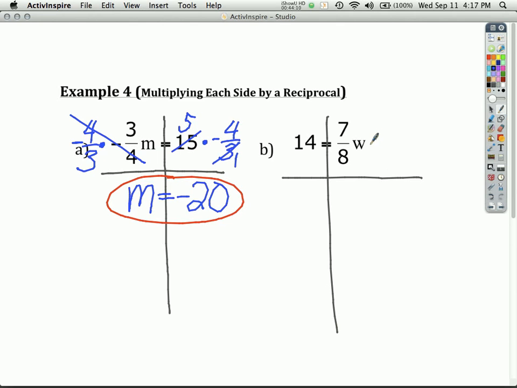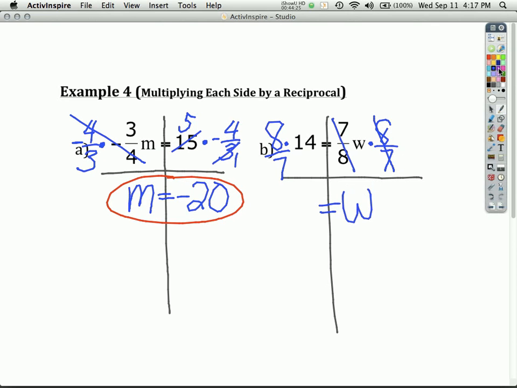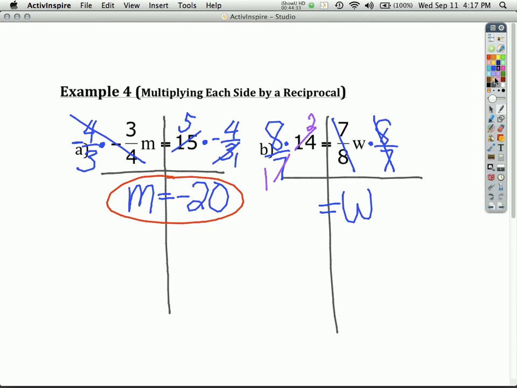So we're going to multiply both sides by 8 over 7. This will cancel with this, and we're left with our W. That's what we wanted. Now, multiplying. 7 and 14 have a common factor of 7, so that's a 1 and that's a 2. 8 times 2 is 16.